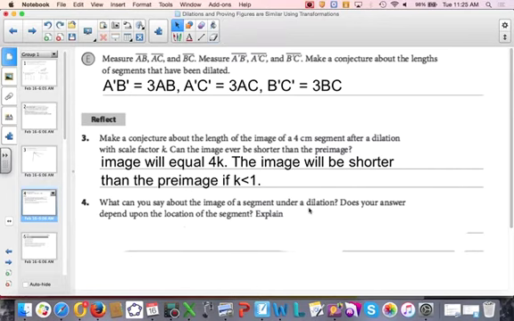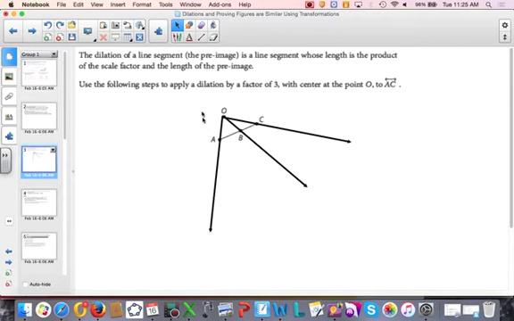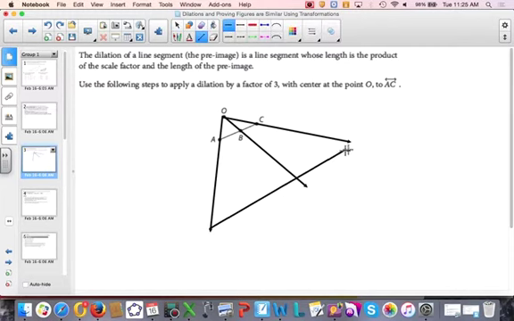What can we say about the image of a segment under a dilation? Let's come back over here and consider where segment AC would have eventually landed. It would have been approximately something like that.